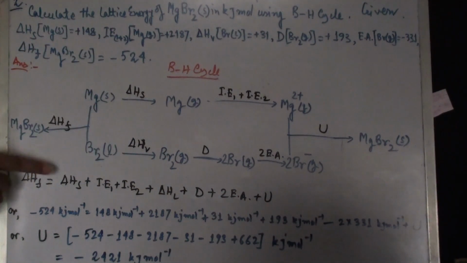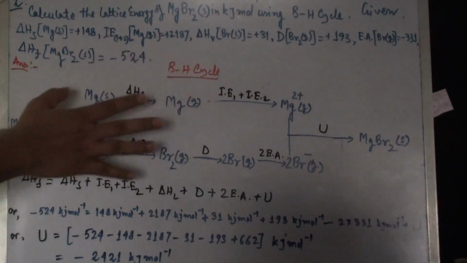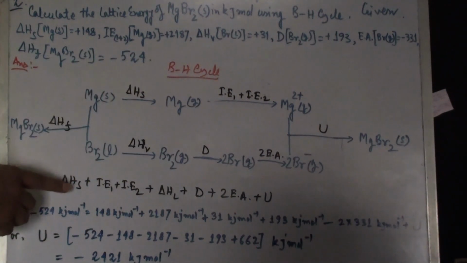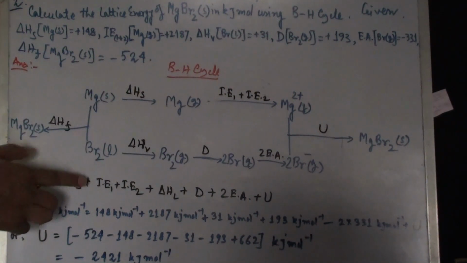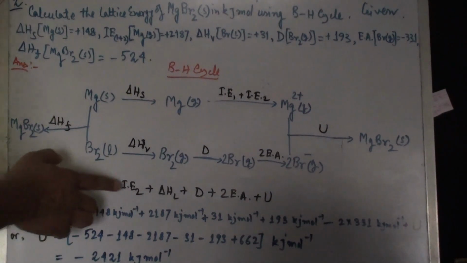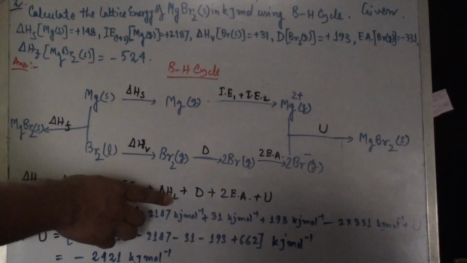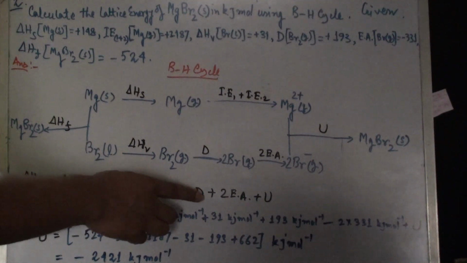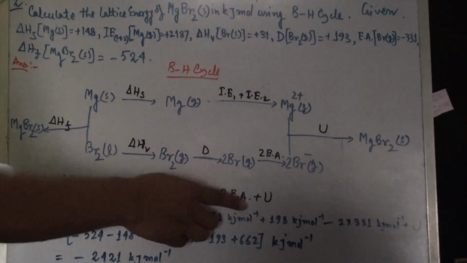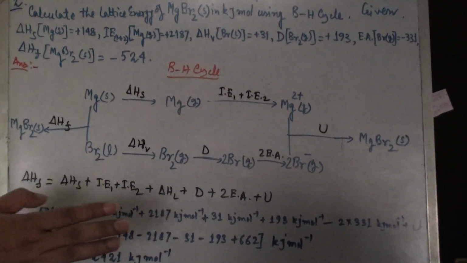So delta H formation is equal to the summation of all the other terms present in the cycle: delta H sublimation plus ionization energy 1 plus ionization energy 2 plus delta H vaporization plus dissociation energy plus 2 electron affinity plus lattice energy.